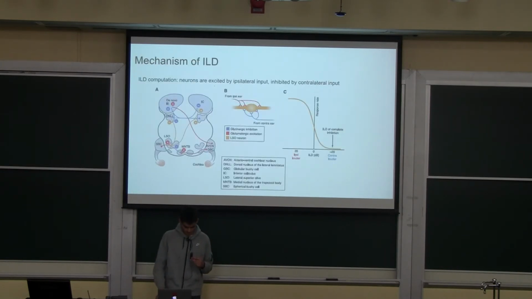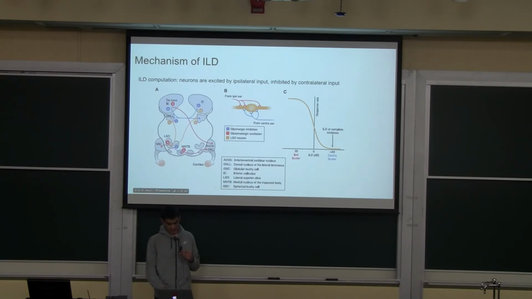Okay, so those are the mechanisms of ILD. It's very intuitive. All you're doing is comparing ipsilateral with contralateral input, and basically the input you receive ipsilaterally is excitatory, and the input you receive contralaterally is inhibitory. This is shown in this diagram here. So at this point, it's also important to know that superior olive is the first instance where there's this crossing over effect, where you're starting to compare the signals from both ears.